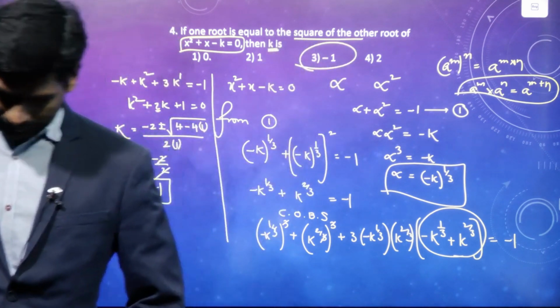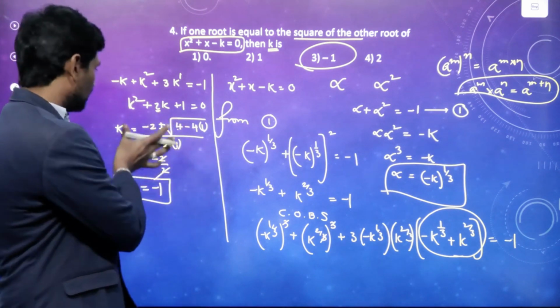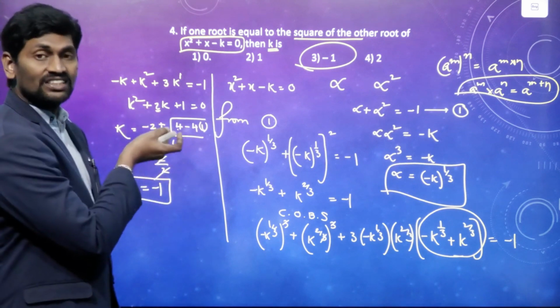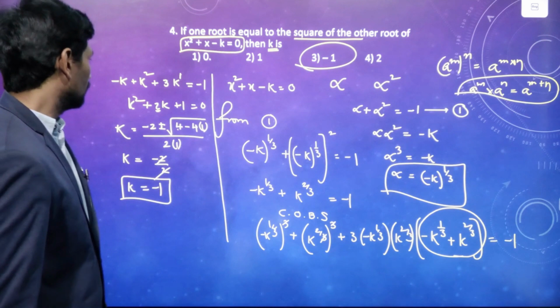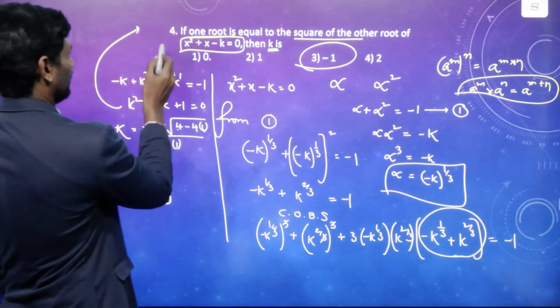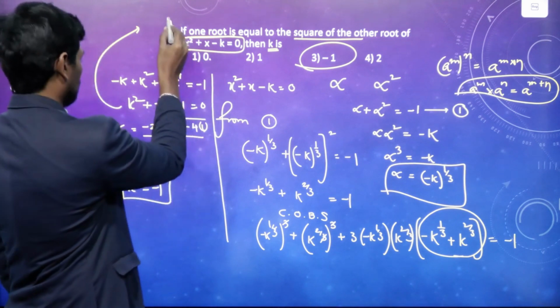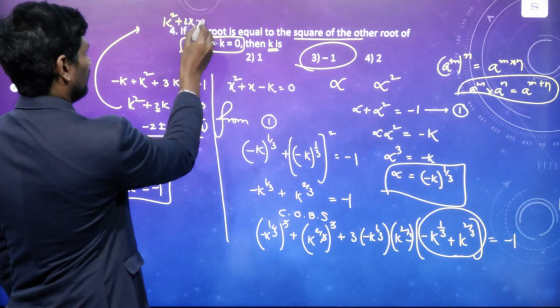Please note it. Or else this equation we can directly do without the formula also, by factorizing, splitting the middle term. Or we have the condition also, we can apply here. I am writing here: k square plus 2k plus 1.